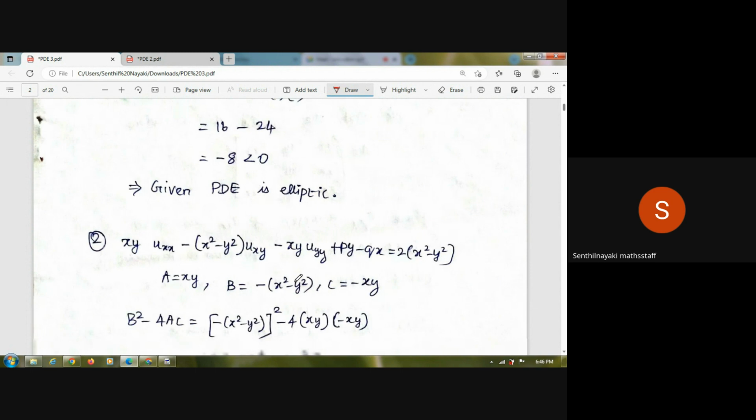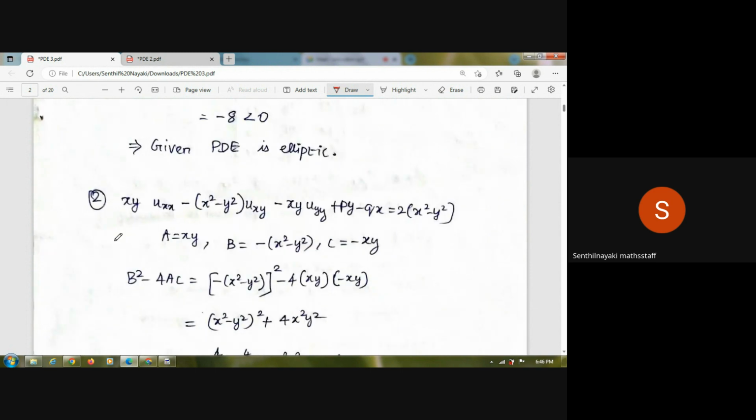Okay, next problem: xy into uxx minus x square minus y square into uxy minus xy into uyy plus py minus qx equal to 2 times of x square minus y square. This is a lengthy question. You should not be afraid on seeing this question, because we don't bother about these terms, because this is f, a function of x, y, u, p, q.